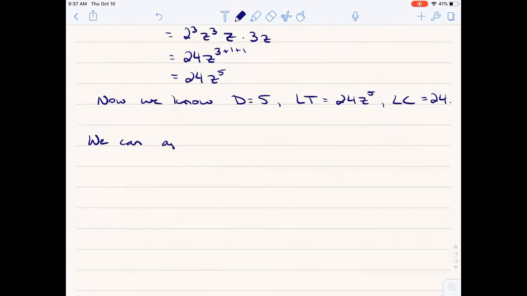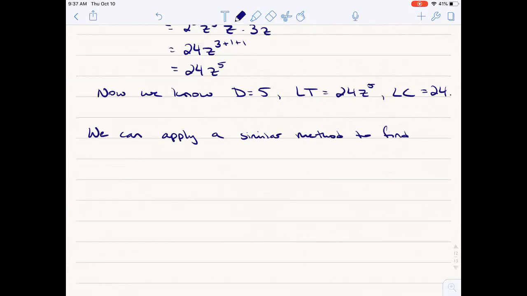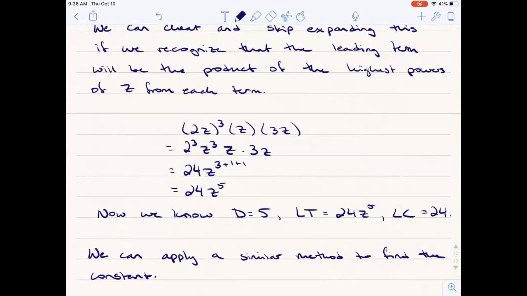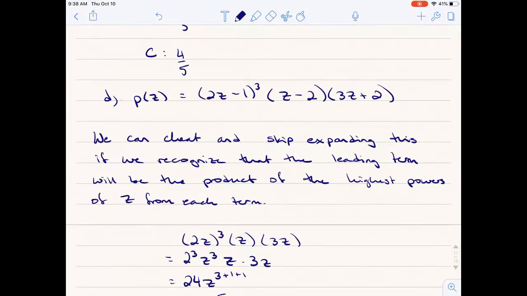We can apply a similar method to find the constant. Take all the constants from each of these. So we've got negative 1 to the power of 3 times negative 2 times positive 2.